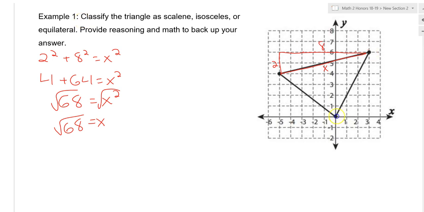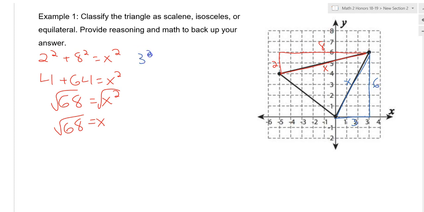I'm going to go from this point to this point. It does not matter the order that you do them in. I know this one is 1, 2, 3, and this one is 1, 2, 3, 4, 5, 6.